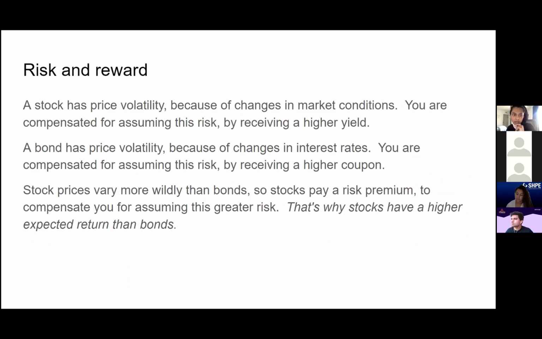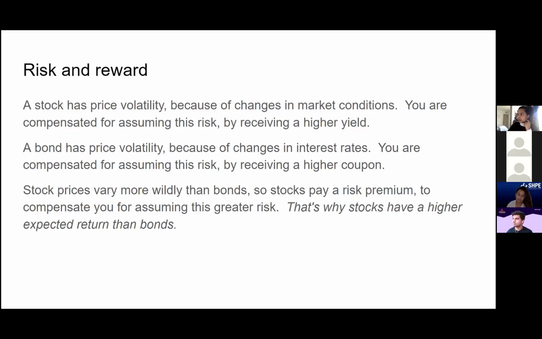So anyway, this is kind of summarizing what we've just said. Stock prices are volatile because of changes in market conditions. And you must be compensated for this risk, and you get a higher return from stocks for that reason. Bonds have price volatility for a different reason, because of changes in market interest rates.